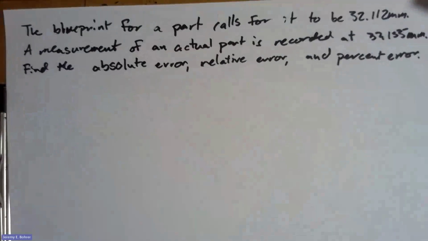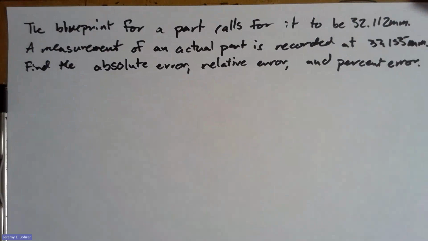In our next problem, we're asked to find the absolute, relative, and percent error where a blueprint for a part calls for it to be 32.112 millimeters, but the measurement of an actual part is recorded as 32.155 millimeters. The absolute error is just the difference between the observed measurement and the true value.